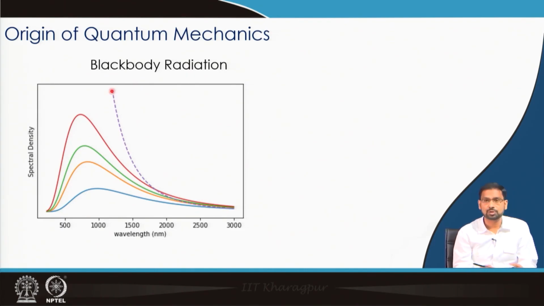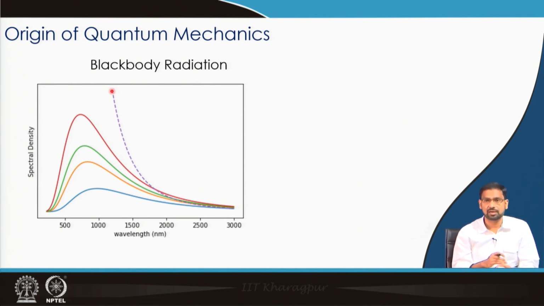This problem was solved by Max Planck. The key idea that Max Planck invoked here was that the black body is made up of some material. So consider them as oscillators that absorb and emit radiation. Classical physics said that these oscillators can absorb and emit radiation in a continuous manner. That means they can take any energy along the spectrum.